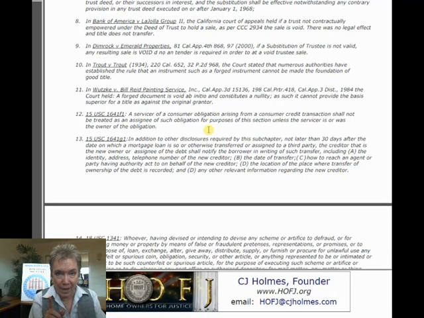So on one of my samples, you're going to see how MERS assigned this to the servicer, and that's illegal. That's a violation. That is on the face of the document wrong. It's void. It has no effect. It's not allowed by law.